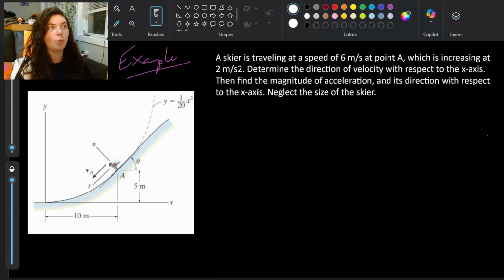So when I say that sometimes these normal and tangential are a little bit easier to use, this is one of those cases, right? The velocity that's given to us is not in terms of x or y. The velocity itself is given as the tangent of the curve.